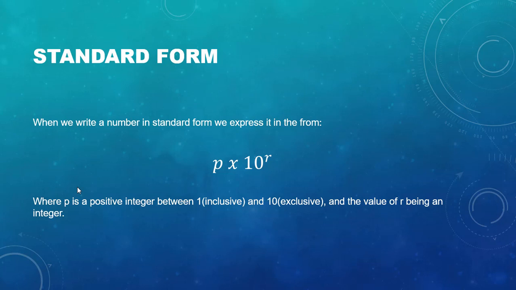So any number from 1, 2, 3, 4, 5, 6, 7, 8, and 9 is what we'll place in place of p, multiplied by some power of 10, where r is an integer. So here we have p, which is our mantissa, right? And again, our mantissa must be a number between 1 and 10, not including 10. And we have some power of 10.